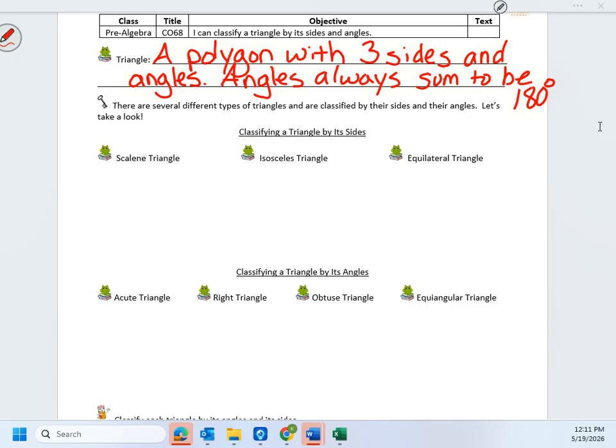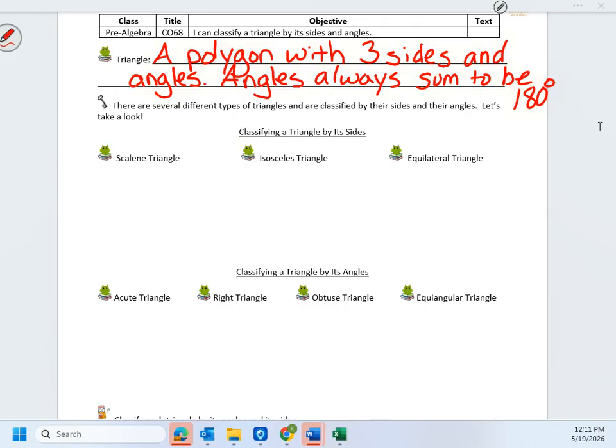Always, always, always. There are different types of triangles, and they're classified either by their sides or by their angles. It's important to know if it's a side triangle or an angle triangle, because you also have to label your triangles.